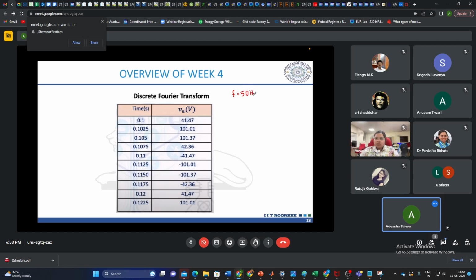Can we calculate the sampling frequency? Can we see that we get some repetitive data, see 41.47, some increase, then on the negative side, and again here we are getting this data.